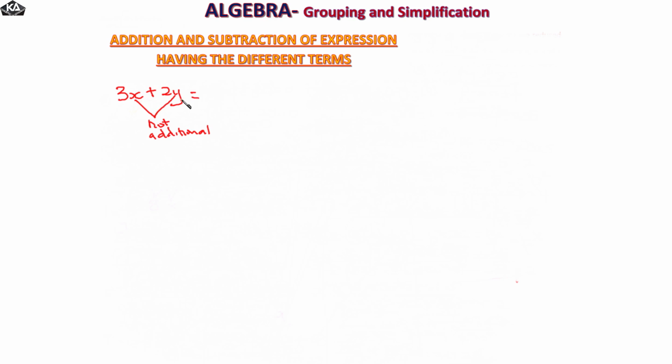The answer you are going to get for this is still 3x plus 2y. Or if you have 4x minus 2a, because the terms are different, you cannot add them together. You will still have your answer to be 4x minus 2a. That is just for different terms.